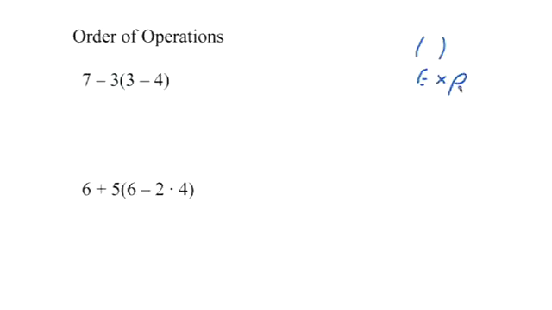And then, and this is where some of you have occasionally been taught incorrectly, next you do multiplication and division in order from left to right, and then you do addition and subtraction in order from left to right.